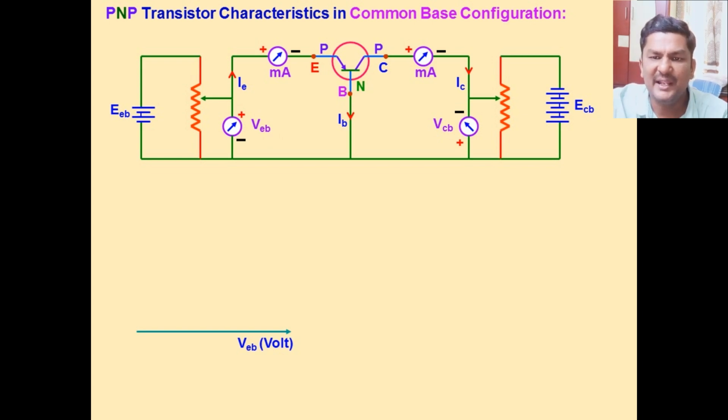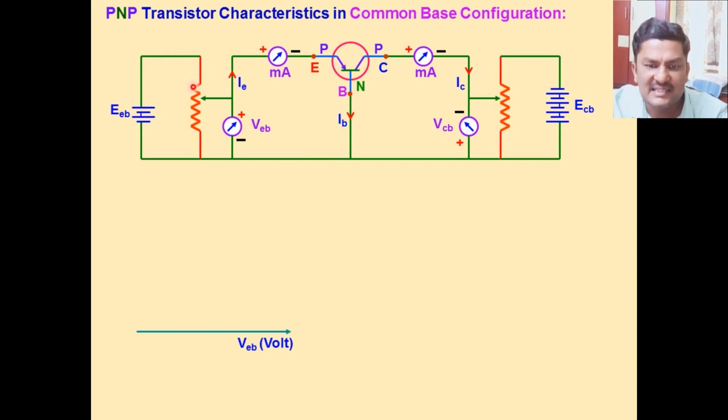And this p-type semiconductor, just observe, is connected to the positive terminal of the battery, so the emitter base is in forward bias condition.